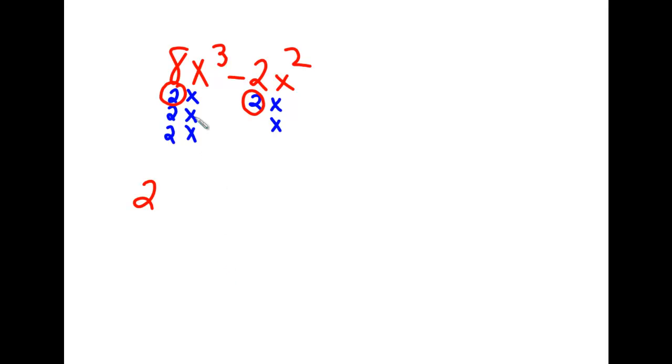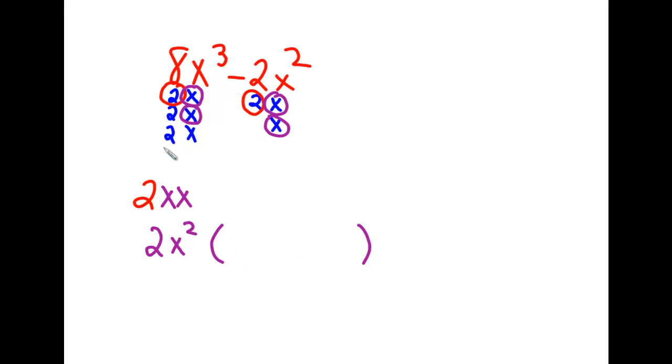Now let's look at the x's. They both have one x. They both have another x. That's it. So 2x squared is the greatest common factor. Now open up parentheses and we're going to multiply 2x squared to whatever's left over.